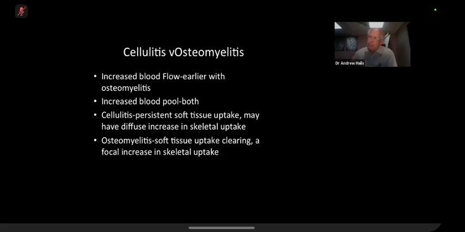You get persistent soft tissue uptake with an osteomyelitis. In the delayed bone phase images it tends to disappear from the soft tissue, at least to a considerable extent, and have more focal increase in the skeleton. So to some extent, it's possible to tell a cellulitis from an osteomyelitis.